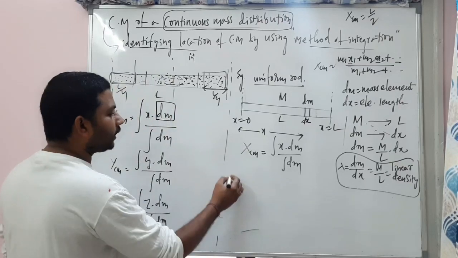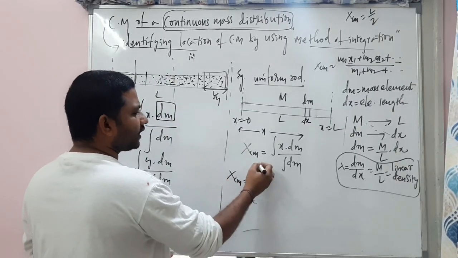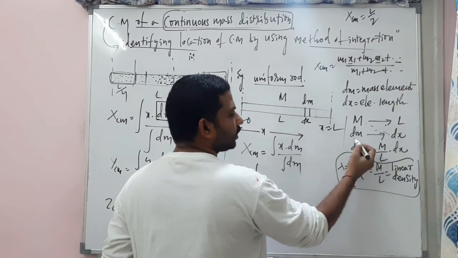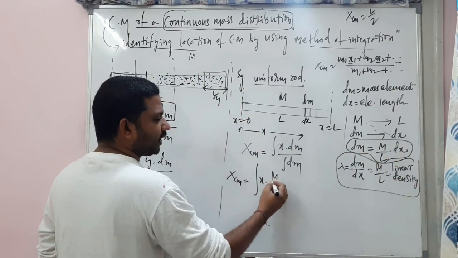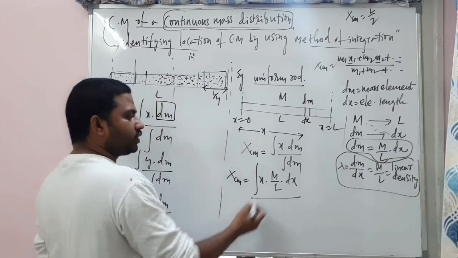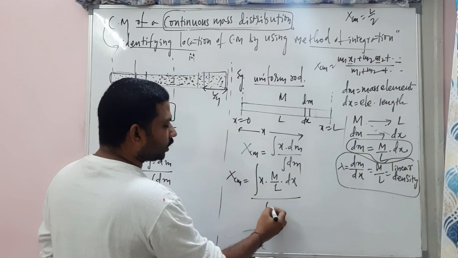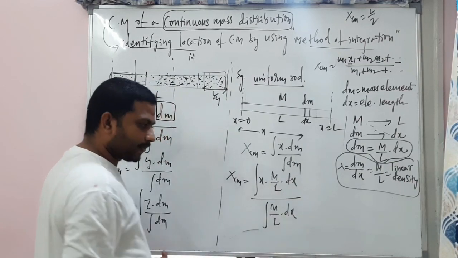Our xcm is equal to integral x into dm. What is dm here, students? From here, dm is equal to capital M by capital L into dx, divided by integral dm, which is also integral of capital M by capital L into dx.